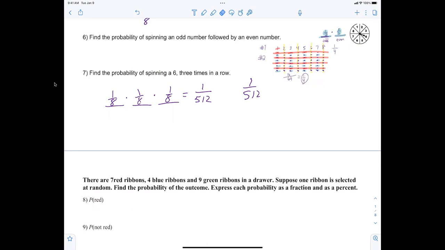Are you thinking or not? So what's the answer? Somebody help him, please. What's the probability of getting the same number 3 times in a row?